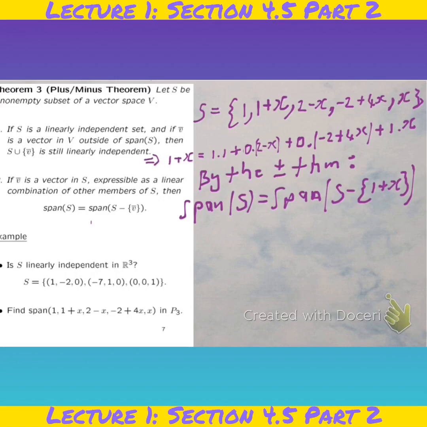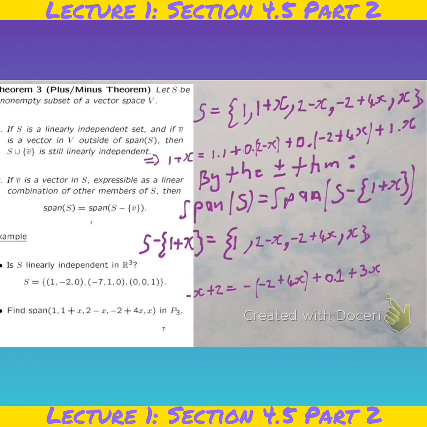Can we still continue with removing vectors? The answer is yes. Let's take our set S without the vector 1 plus x, which is the set there on the right hand side. Can I do any further subtractions there? Let's see.